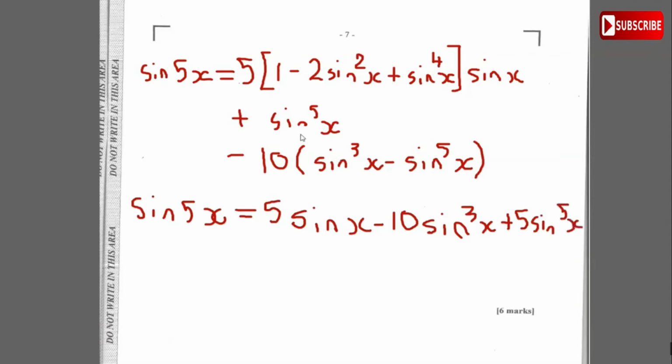And then you have plus sine to the 5th of x. Then you have minus 10 times this, which becomes minus 10 sine cube x.